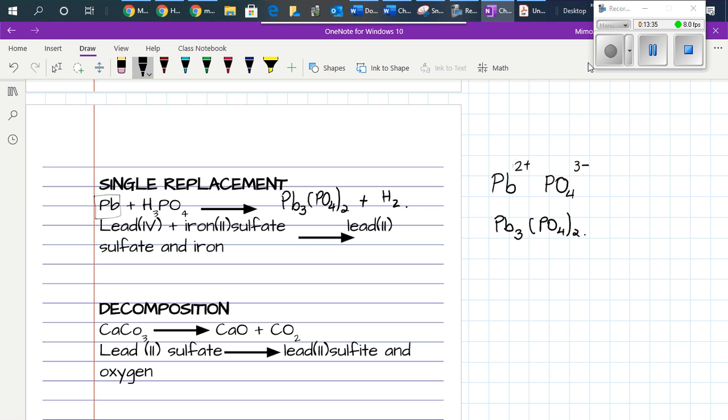We are not balancing it for now, we will see it in a while.